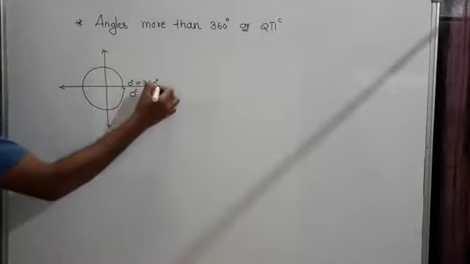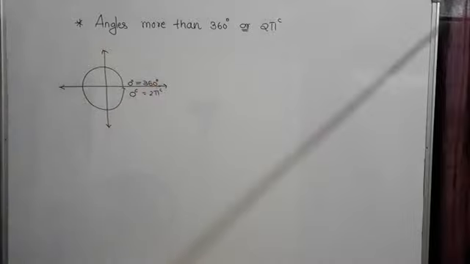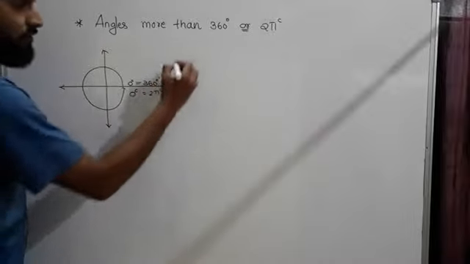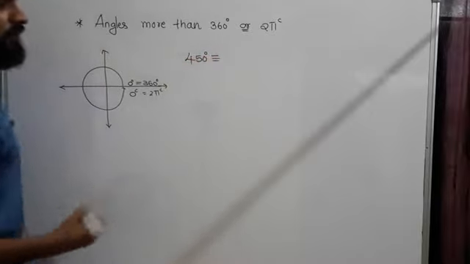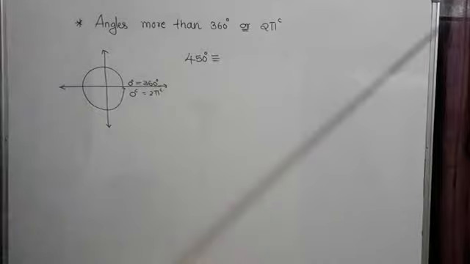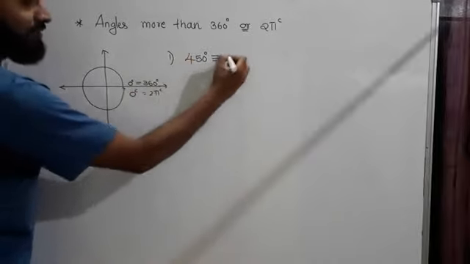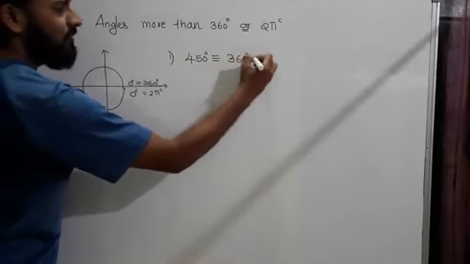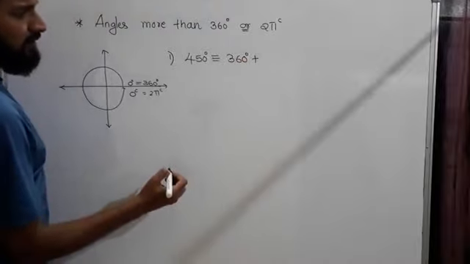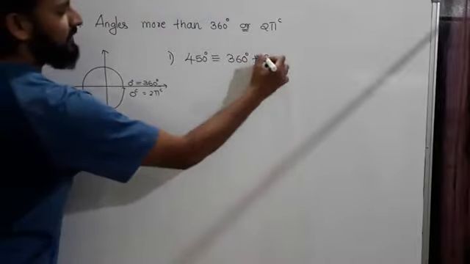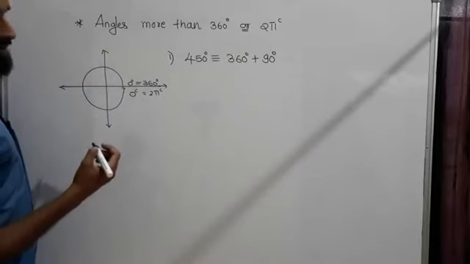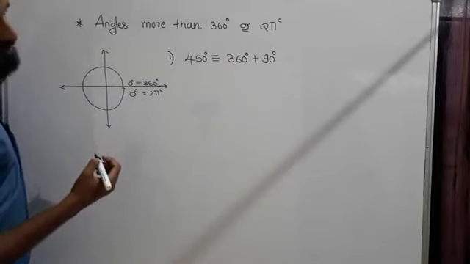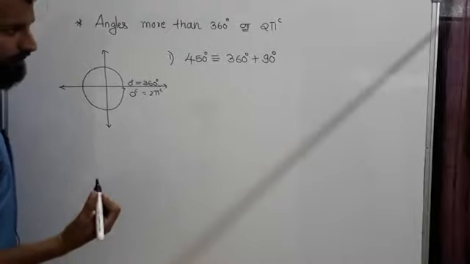Well, I hope you're understanding what I'm speaking. In that case, if I ask you what is 450 degree equivalent to, this 450 degree we can write as 360 degree plus 90 degree. Yes or no? Because 360 plus 90 is 450, isn't it?